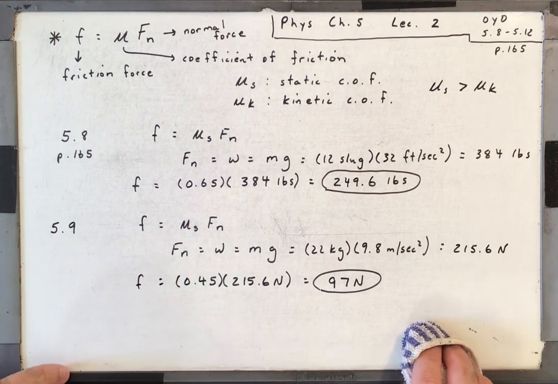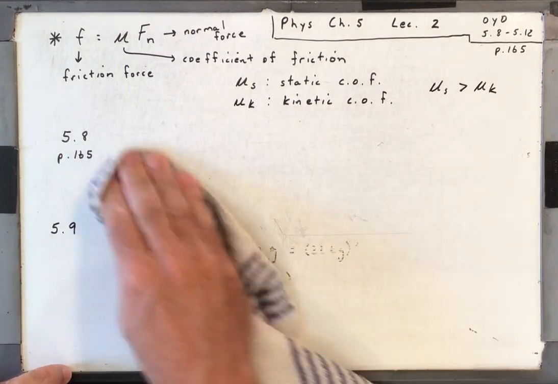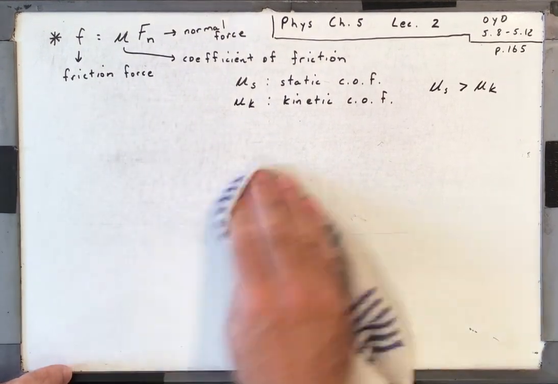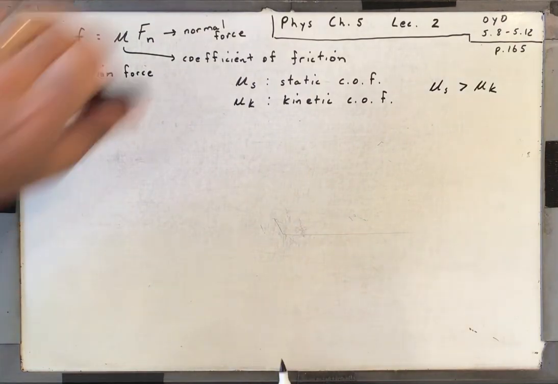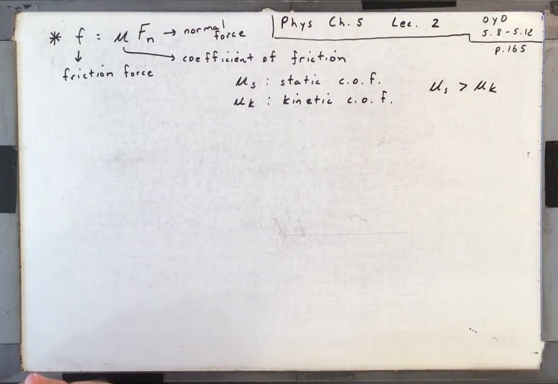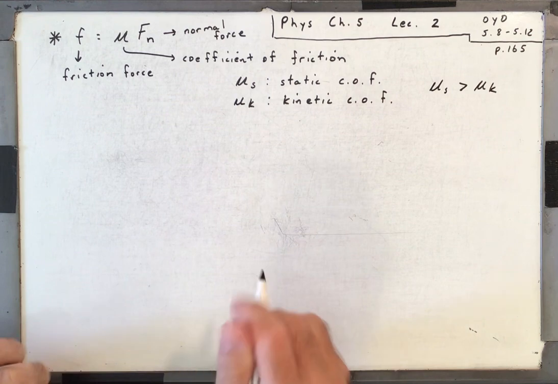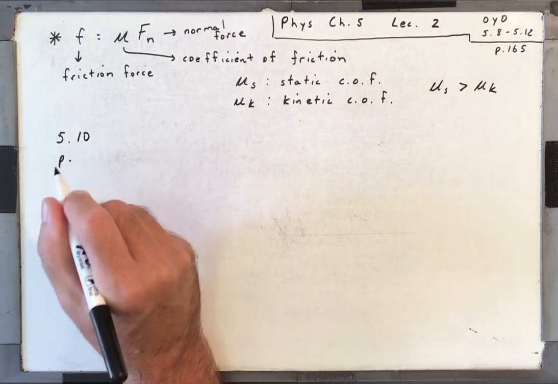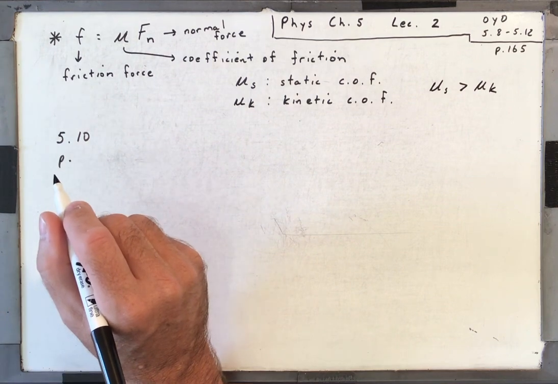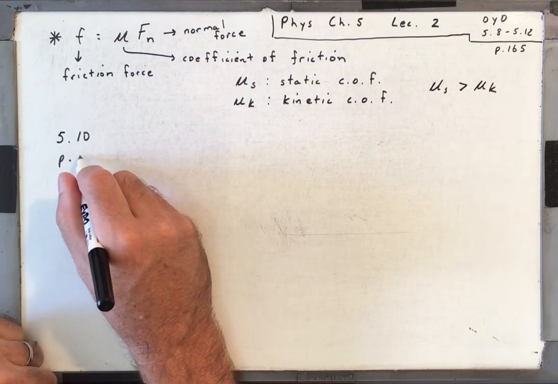All right, let's move on to 5.10. In 5.10 and 5.11, we're going to draw a free body diagram. We talked about that. It's also mentioned in the video I had you watch. This is just on the next page, page 166.